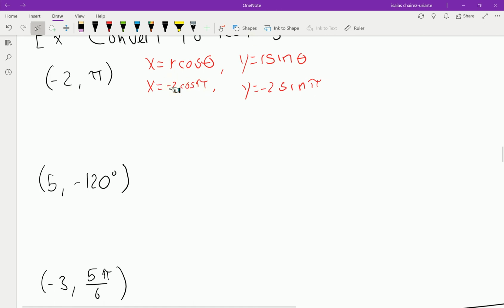So I'm going to have negative 2 times negative 1, so that's going to be 2. And my y-coordinate is going to be negative 2 times sine of pi. Sine of pi is 0. So 0. Alright, so that's my rectangular coordinate, 2, 0. And it would help if you actually plot this point in the polar plane to see that they're actually the same point. This is rectangular.